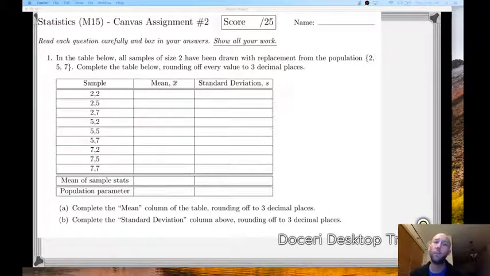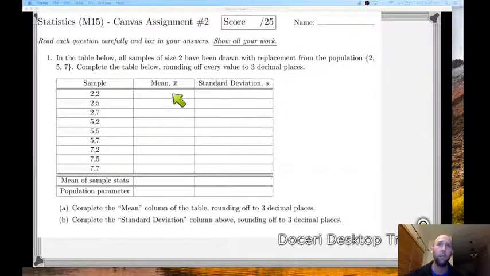The reason for doing this is that sampling with replacement simulates an infinitely large population, and by taking a look at the sampling distributions here, we'll be able to determine which sample statistics help estimate population parameters. So what we want to do first here is treat these 9 rows containing 2 values as individual samples.